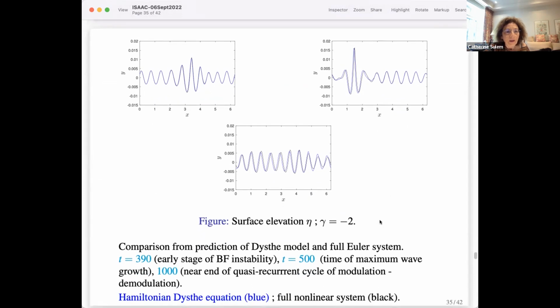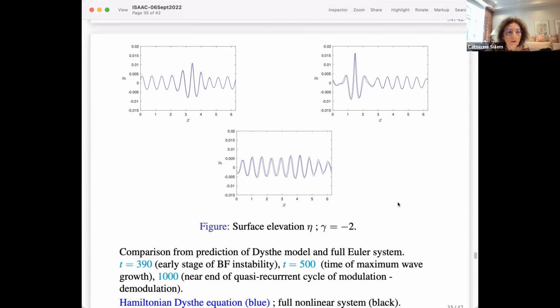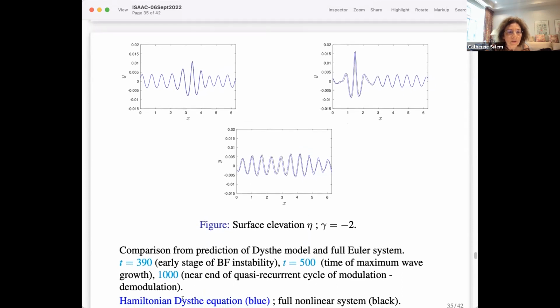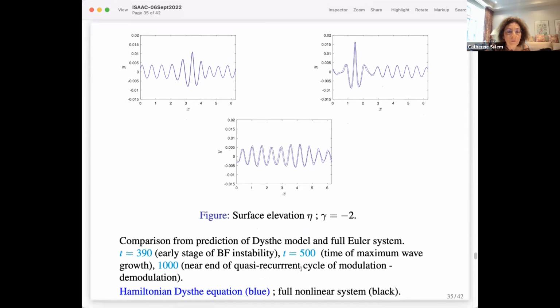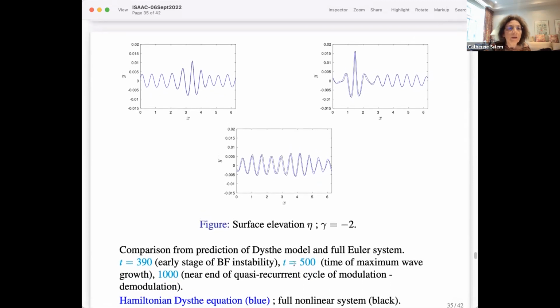We are comparing the prediction of the surface elevation from the Dysthe model, reconstructed from this slowly modulated wave train, and the full Euler system. The blue curve is the Dysthe, and the black curve is the full nonlinear Euler equation.